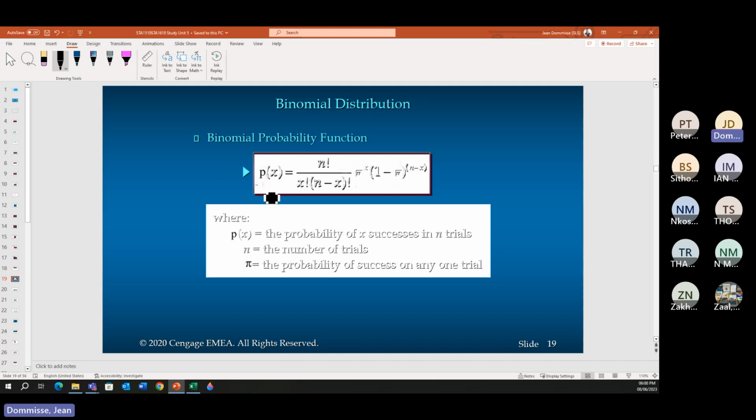Okay, we have the distribution formula for binomial, but again, I'll show you with examples that we rather use the tables. So in your study guide, there are binomial tables.